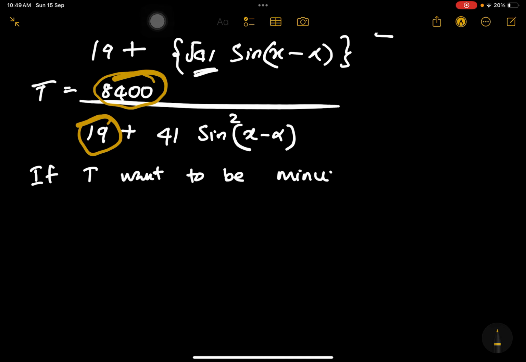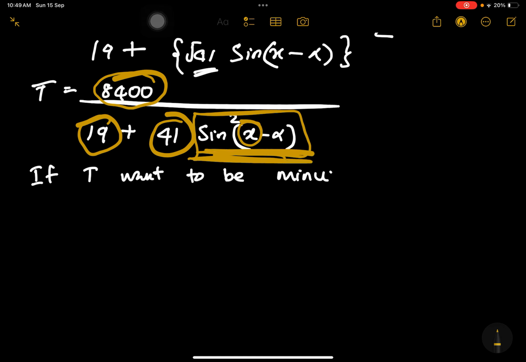What we can adjust to get the minimum of t is this part, because x can vary, so the whole thing will change. To get t minimum, the sine squared (x minus alpha) has to be maximum.